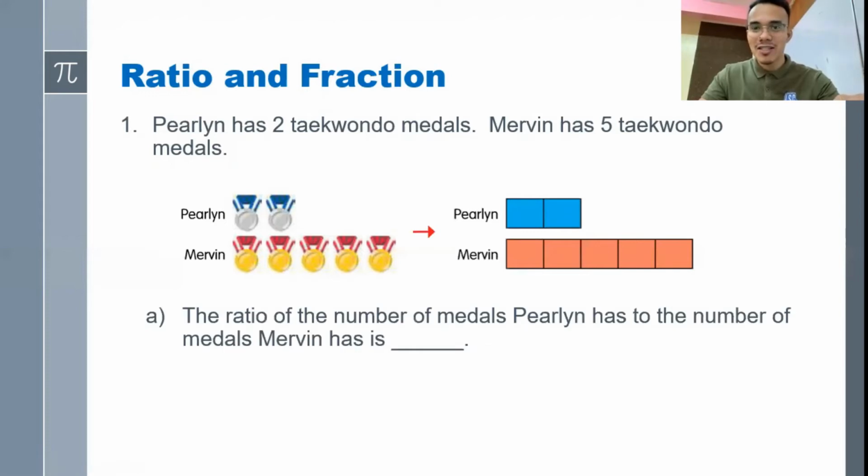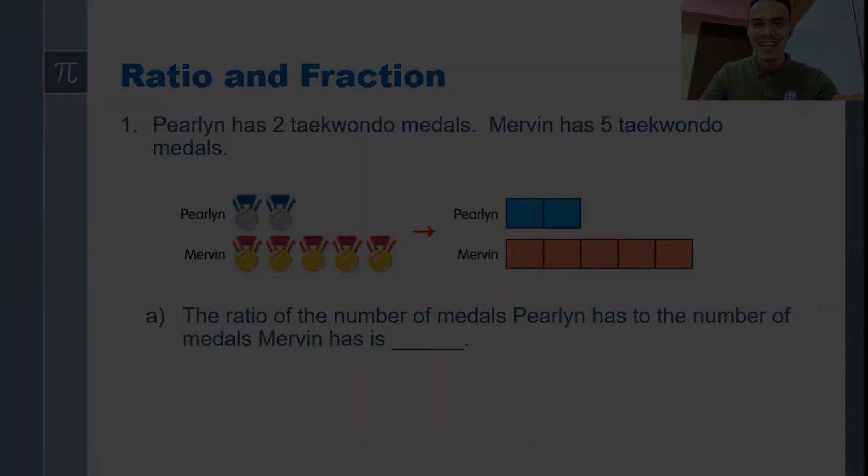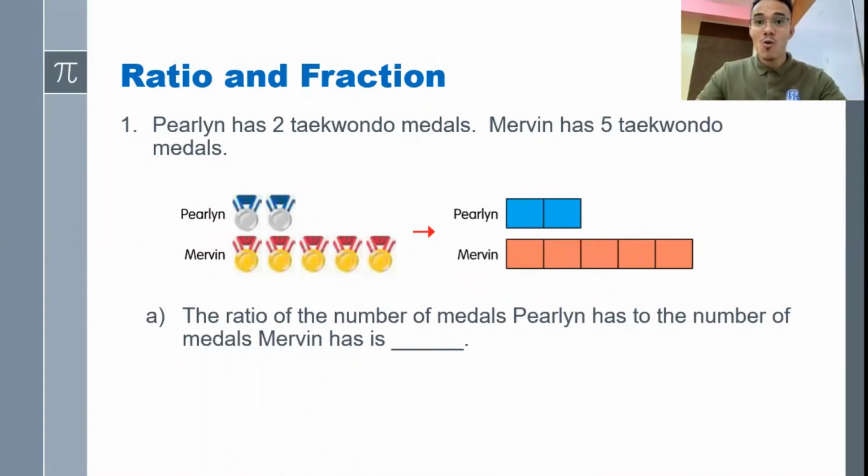Here are the questions. Letter A, the ratio of the number of medals Perlin has to the number of medals Mervin has is? In this question, we're looking for the ratio. So we have to be careful about the order of the quantities.